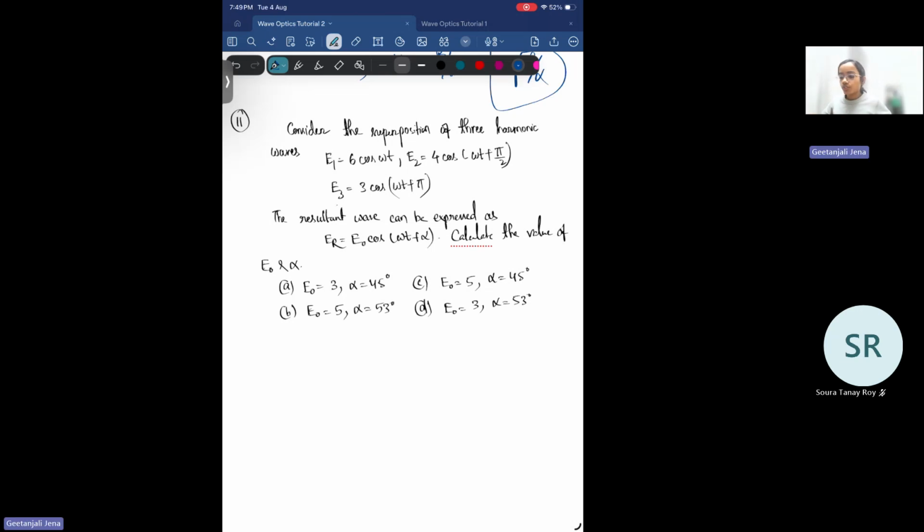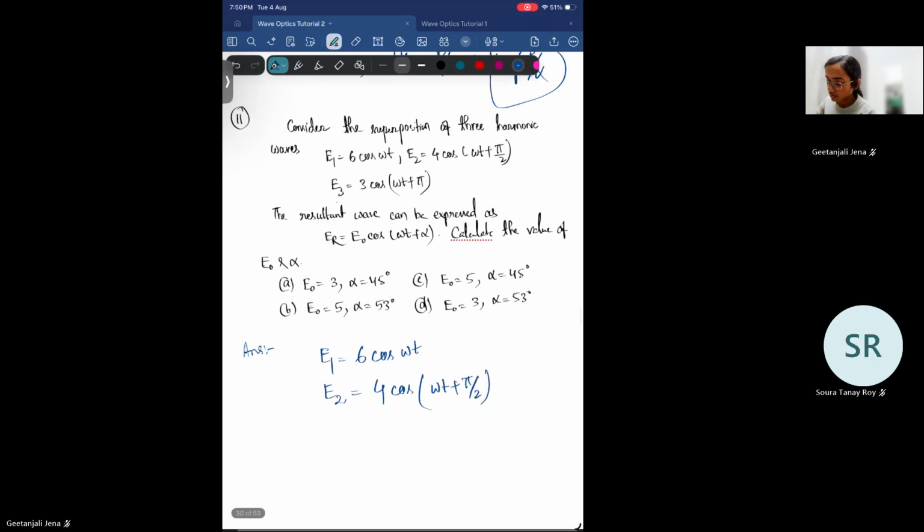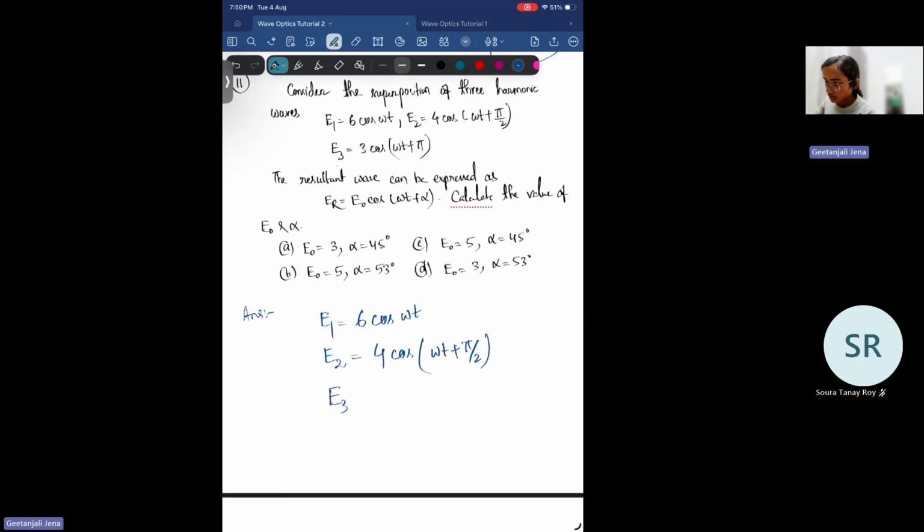So consider the superposition of three harmonic waves. E1 is 6 cos omega t, E2 is 4 cos omega t plus pi by 2, E3 is 3 cos omega t plus pi.